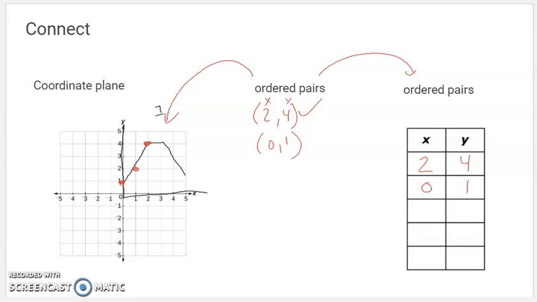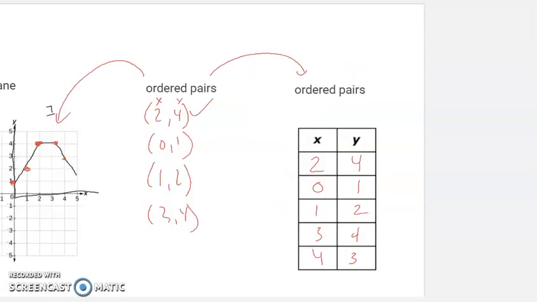Another point appears to be 1, 2. Another point appears to be 3, 4. Another point appears to be 4, 3, and so on. So sometimes we just list lots of ordered pairs in the table rather than listing them like this, but same deal. So that's all past stuff.